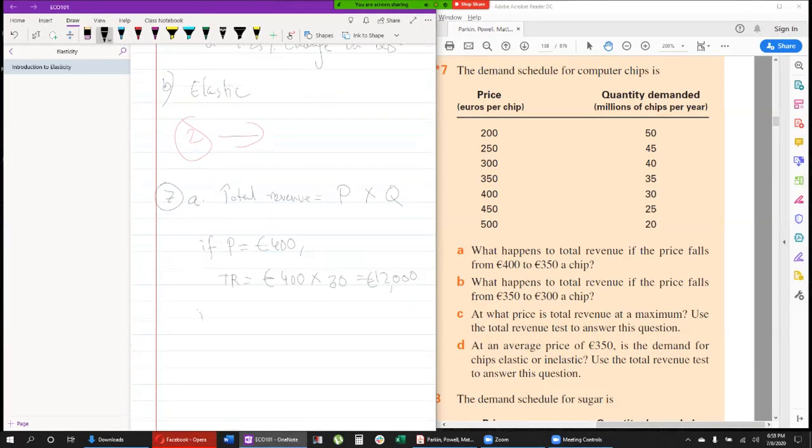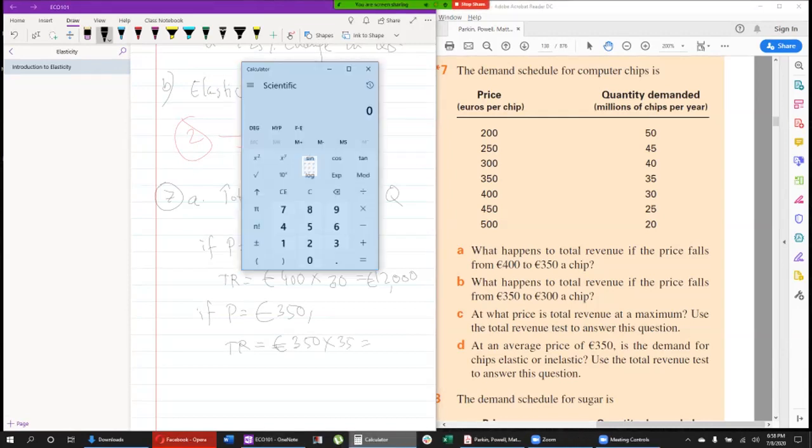And if price is 350, total revenue is 350 times, when price is 350, quantity demanded is 35. And that gives us, well, I'll need the calculator again.